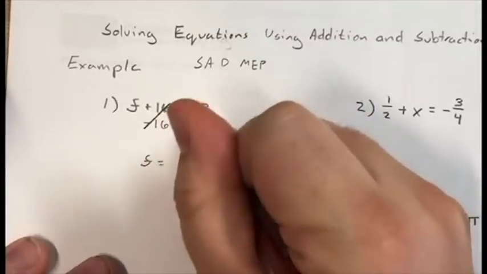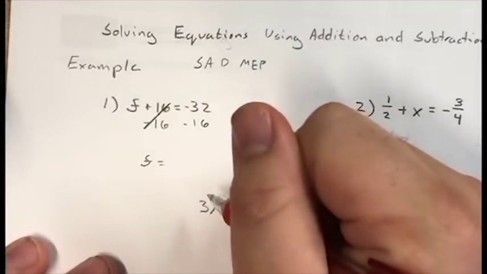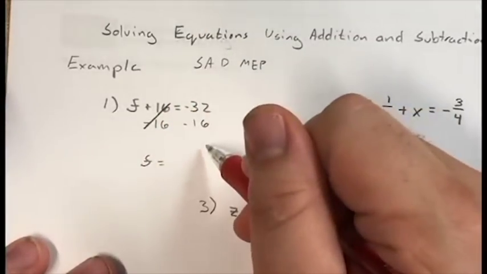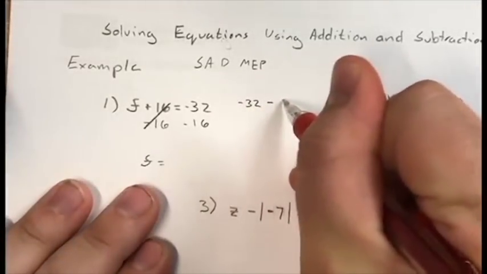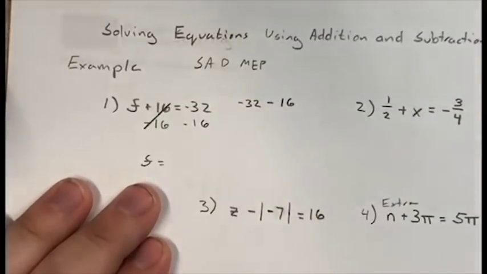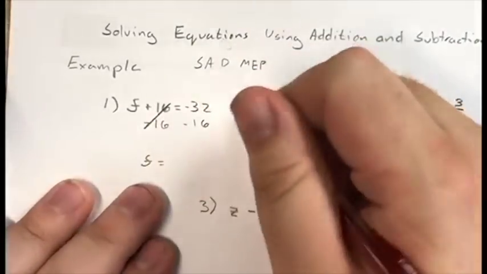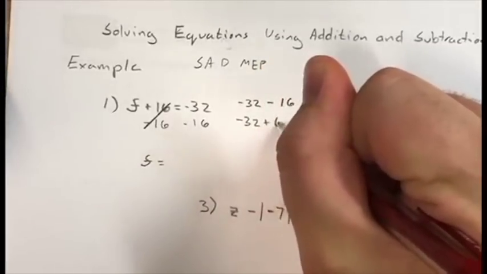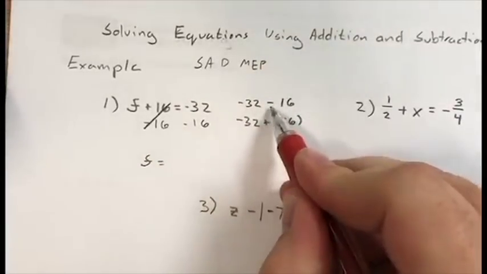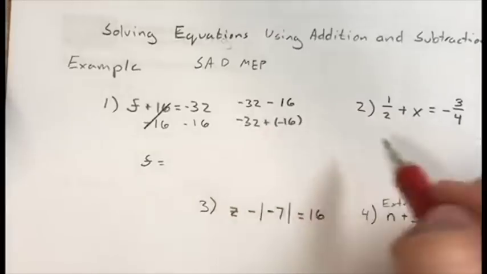And now I have -32 minus 16. Well, I can do some math, but we can also review our addition of integers. So we would say negative 32 plus a negative 16, because I keep, change, change.